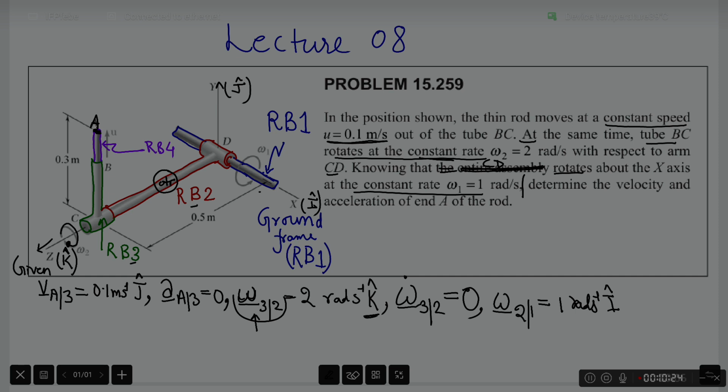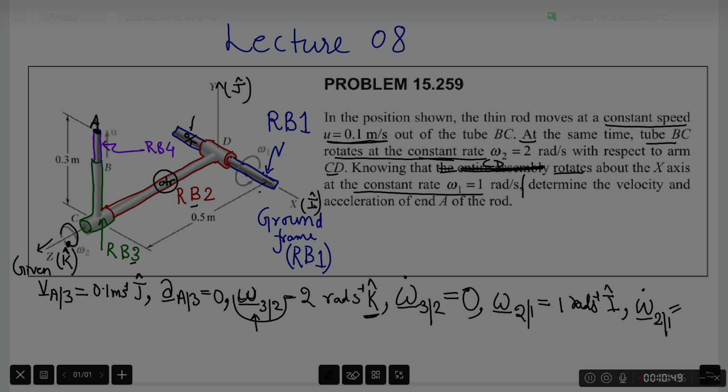But again, for an observer who is tied to RB1, does he see any change in omega 21? So my question is, can we infer something about omega 21?